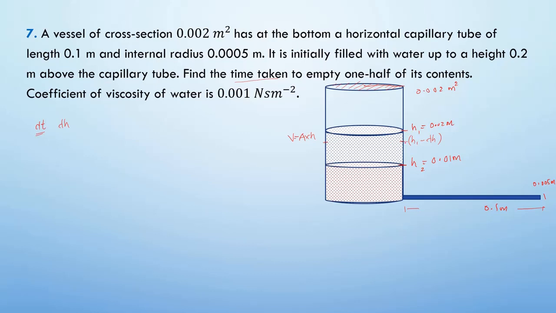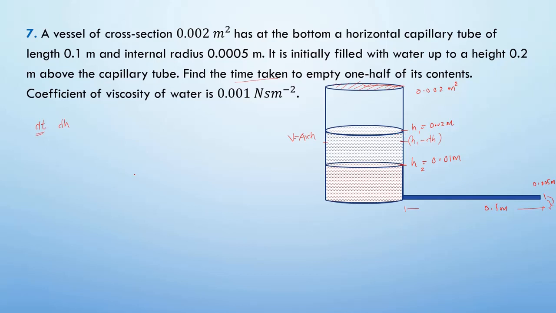The height has decreased by dh, which means this amount of water has flown out of this capillary tube. So how much water has flown out? This is the water contained in this region, and it can be calculated as the base area, which is already given as A, into the height dh.